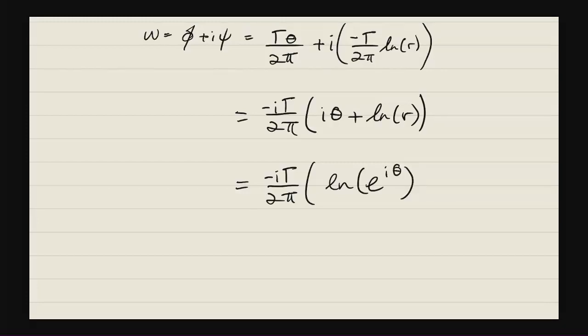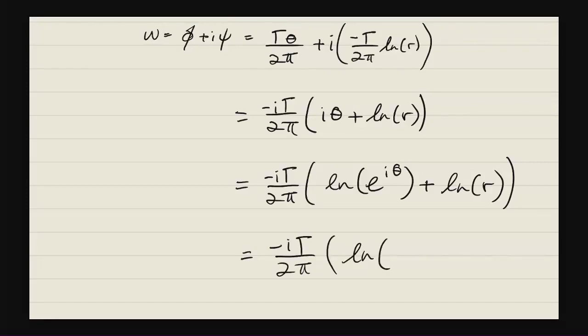Okay, so that's a bit of a trick which you have to do, plus ln r. And if I do that, then I can very easily combine my ln terms. So it's ln r e to the i theta.